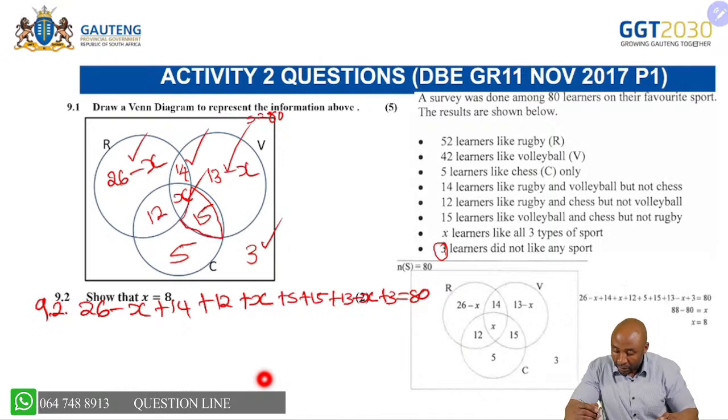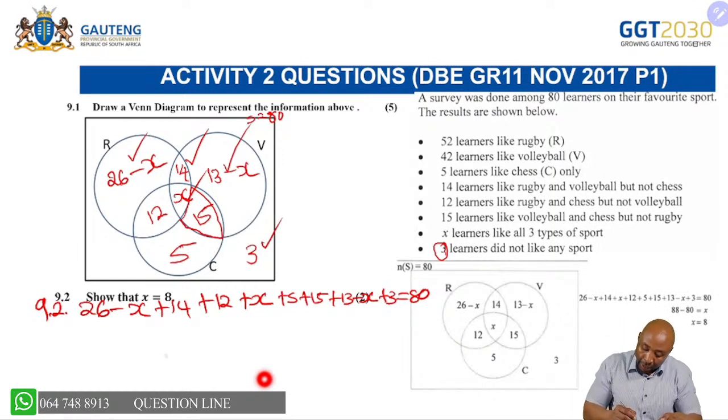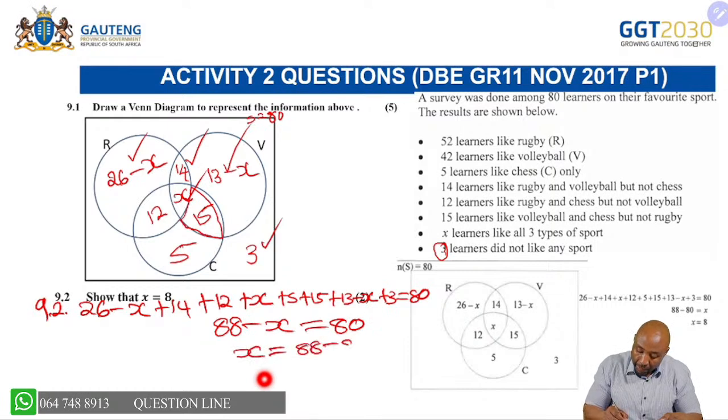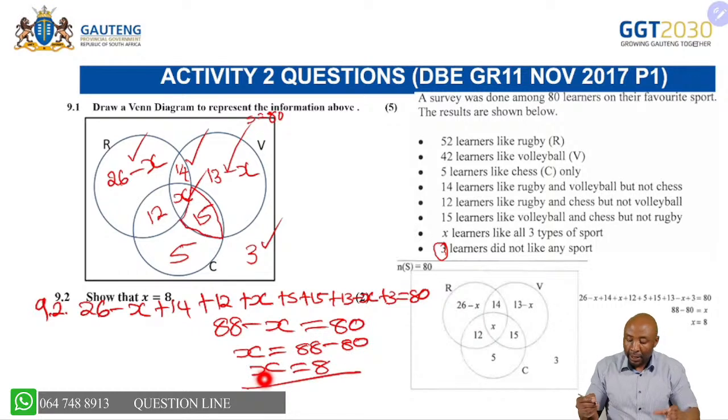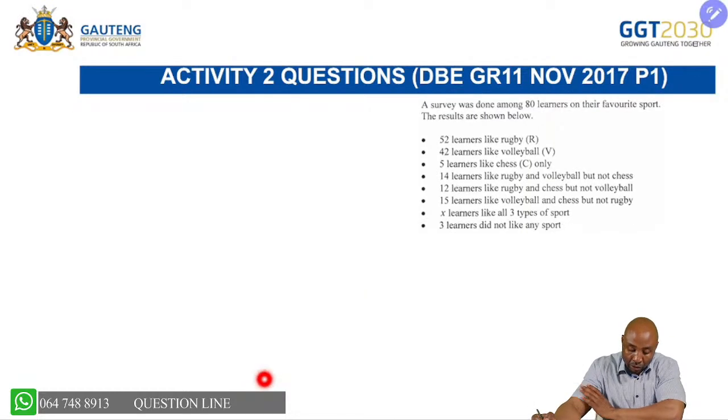So we are going to get our answer: the negative X and that one will cancel, so we'll have 88 minus X is equal to 80, and taking X that side, we'll get our X as 88 minus 80, and we get our X as 8. So okay, that's our 9.2.